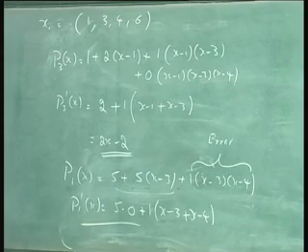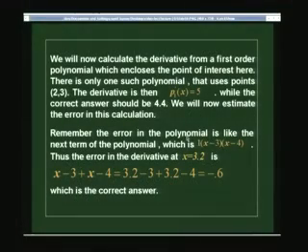So that is what I am summarizing here. If I use a first order polynomial and use the fact that the error in this polynomial is like the next term in the polynomial, then I write the next term and compute the error from this. The derivative of this is the error in my derivative, and if I evaluate it at x equal to 3.2, I will get minus 0.6.